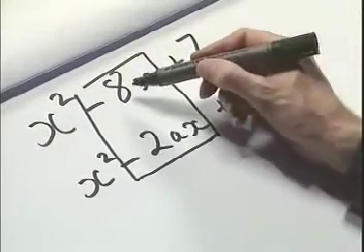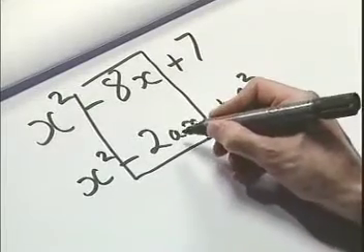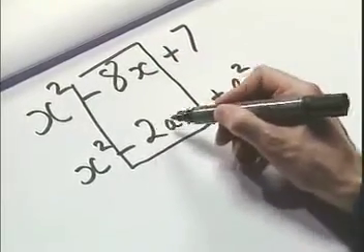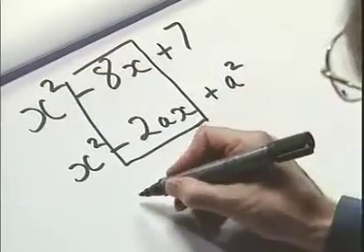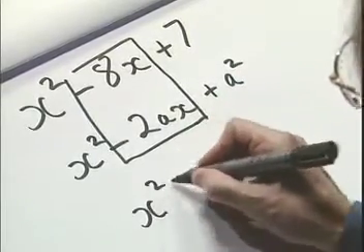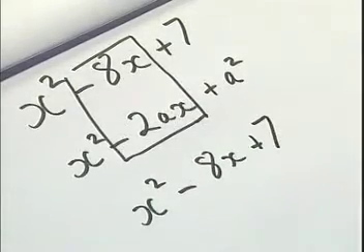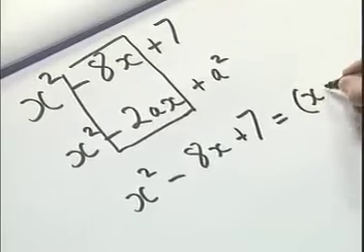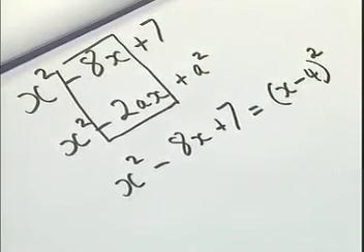So again, we can see that the a has got to be 4, because minus 8 is minus 2 times 4. So we've got x squared minus 8x plus 7 is equal to (x minus 4) all squared.